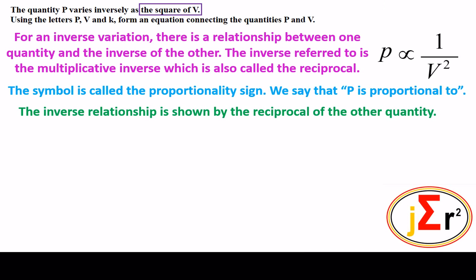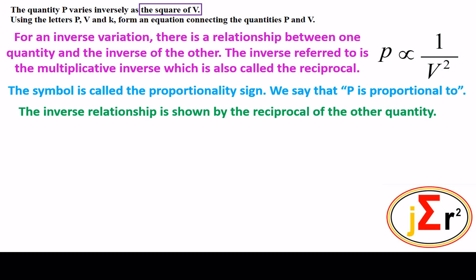There is an inverse relationship between P and the square of V. Because of that, the expression will contain P and the inverse of V squared.